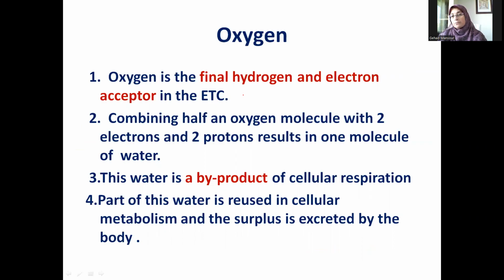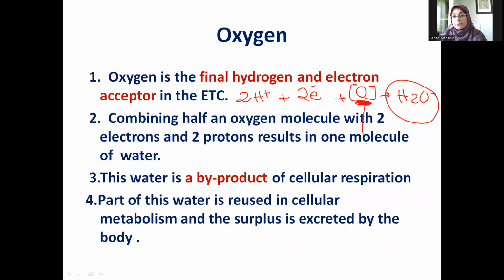And here, if you have the two protons plus the two electrons, after losing their energy, they can now couple with one oxygen atom to form a water molecule. So this is how oxygen acts as a final electron acceptor and forms a water molecule.